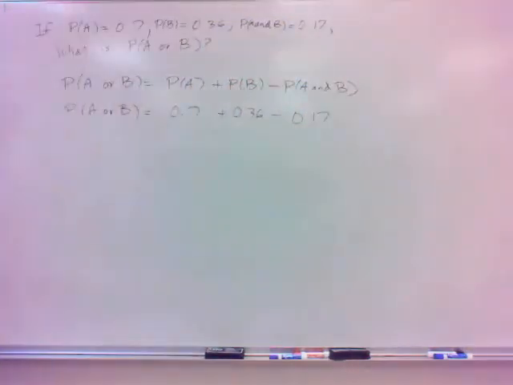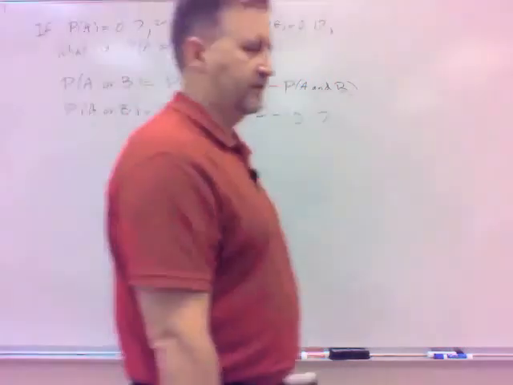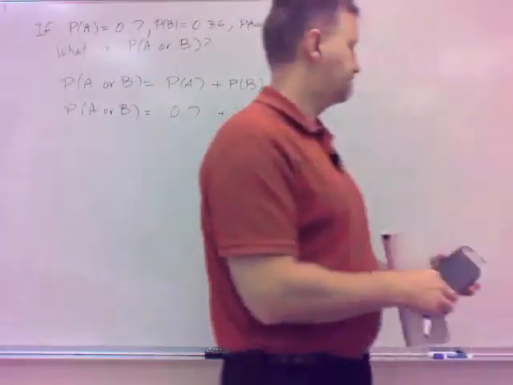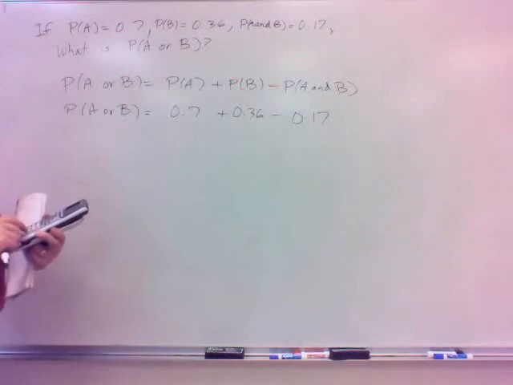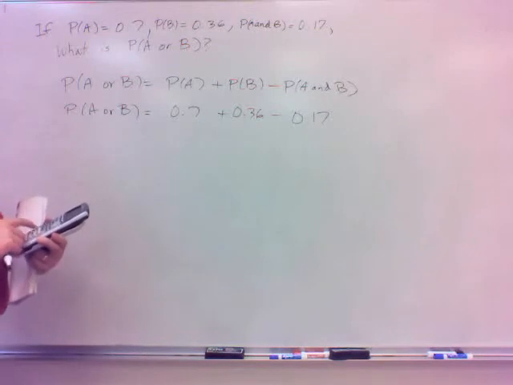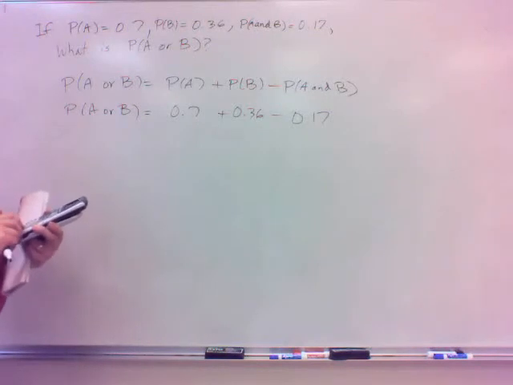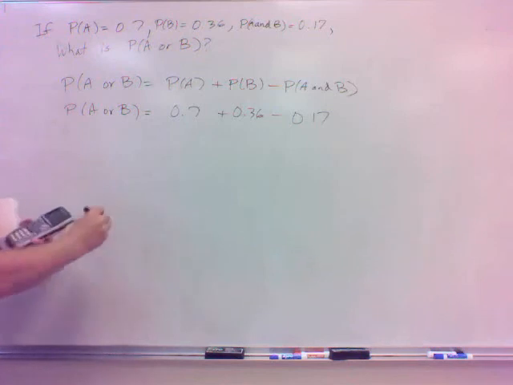So we add the 0.7 and 0.36 and subtract the 0.17. It's just plugging in the formula right there. Just knowing that formula, being able to plug that in. With me? 0.7 plus 0.36 minus 0.17, 0.89.